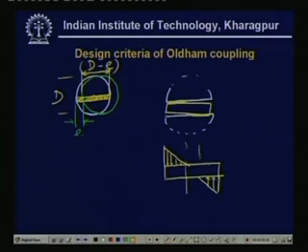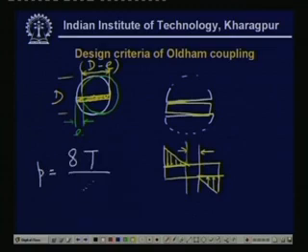So, this length, there will be a gap between the pressure length and this, again this length is of course different. So, therefore, we have to get some corrections, and usually the normal procedure is to take the P to be 8 times T divided by this capital D square.